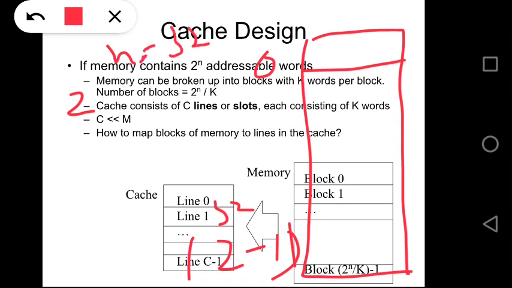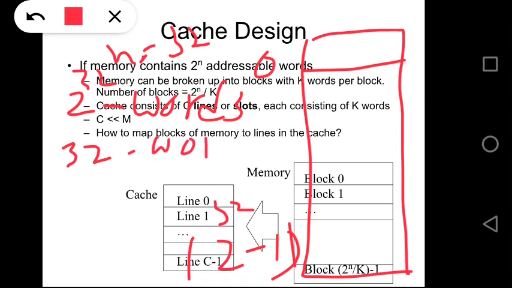So 2 power 32 addressable words are present in the main memory. And let's assume I divide 32 words into one block.